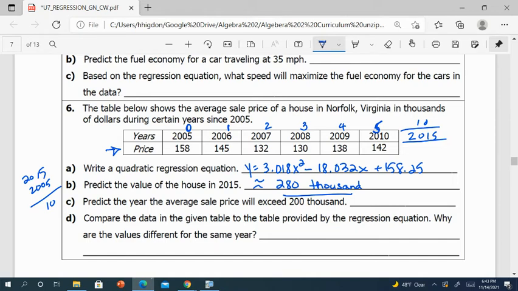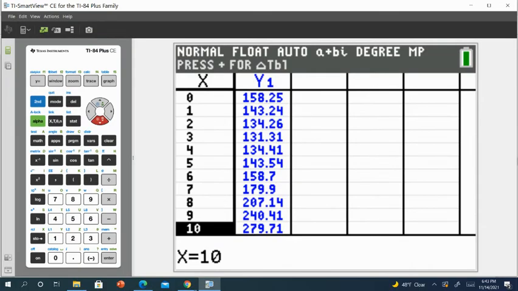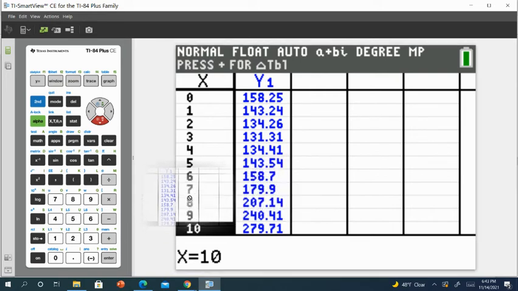Part C says predict the year the average sale price will exceed 200,000. Well, if we look at our table of ordered pairs here, the year that it exceeds 200,000, so in year 7, at the end of year 7, house prices are 179,900. In year 8, the end of year 8, it's 207,000.